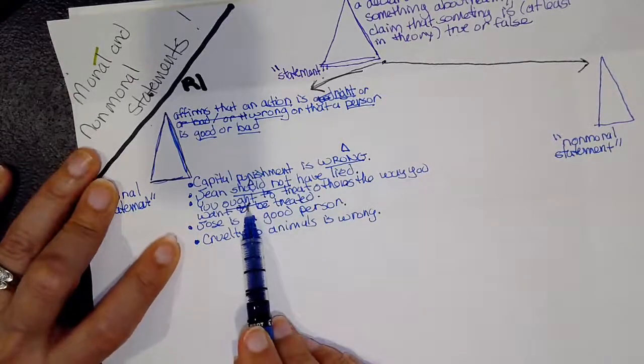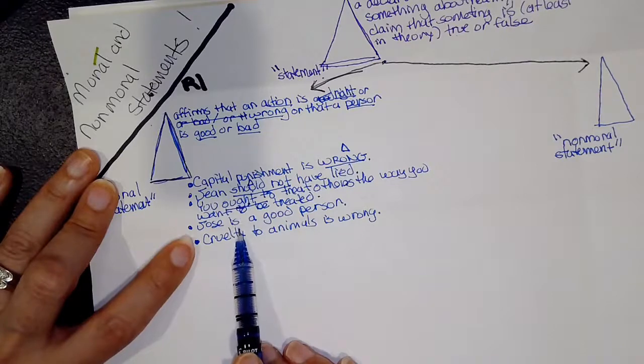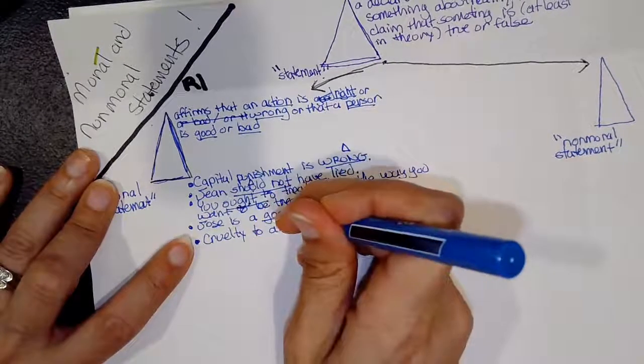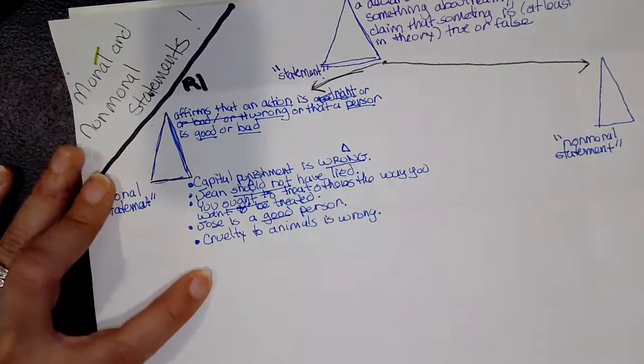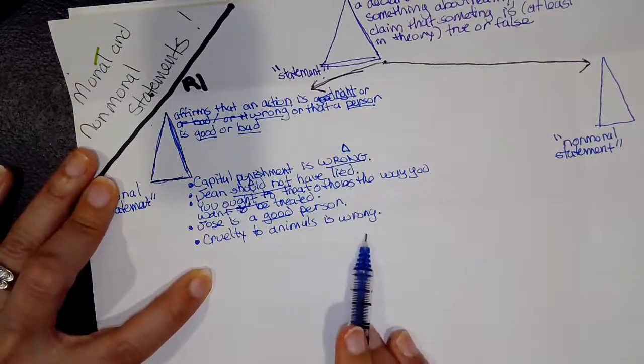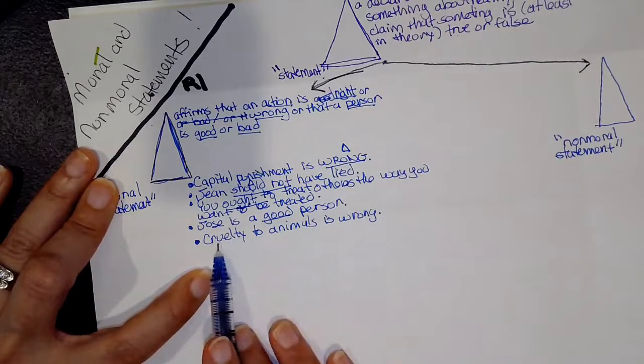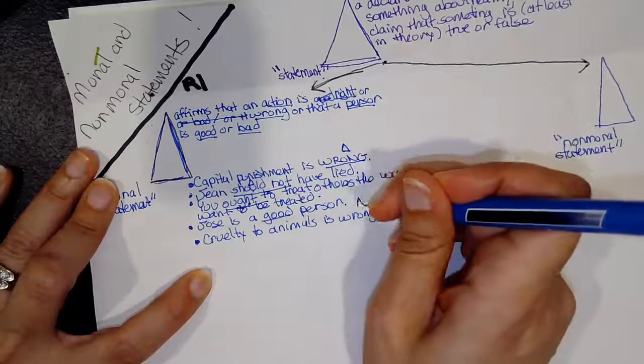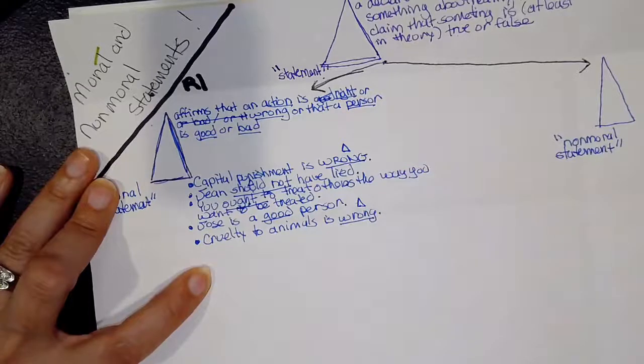So ought to means it's the morally correct thing to do, it's the right thing to do. Jose is a good person. Here, a moral claim is being made specifically about a person, that he's good. And then here we've got cruelty to animals is wrong. The action that is the focus of this statement is cruelty to animals, and the value that's being assigned to it is wrong.